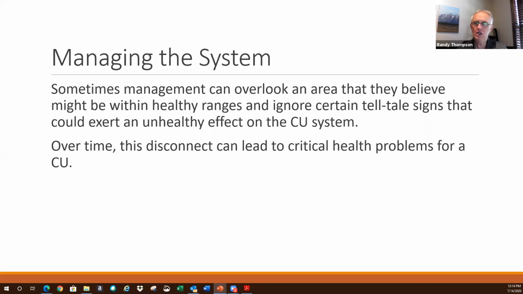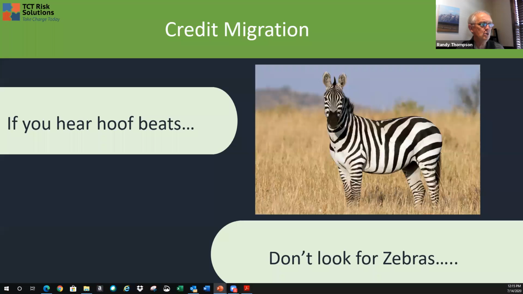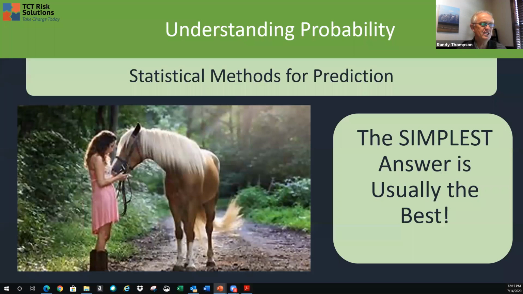She was correcting the wrong thing. So identifying the key factors that are important and identifying what to do with them over time is really crucial. It comes back to another way of stating Occam's razor: if you hear hoofbeats, don't think zebras. The simplest answer is usually the best.